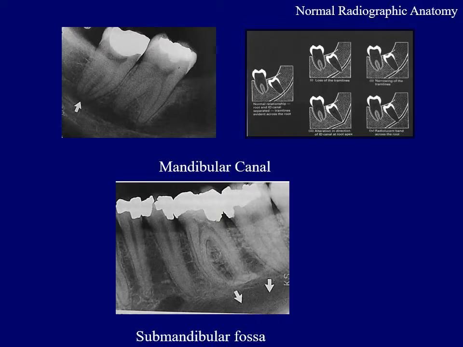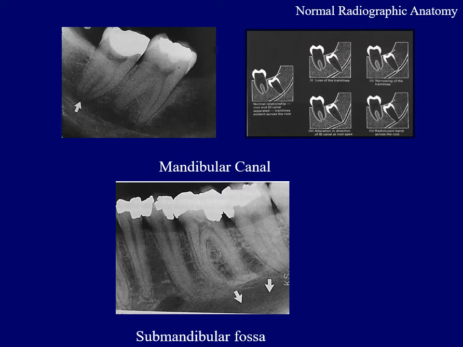The next normal landmark is the mandibular canal. As shown with a white arrow, the mandibular canal appears as a dark linear shadow with thin radio-opaque superior and inferior borders. Sometimes these borders are partially seen and sometimes they are not seen at all.